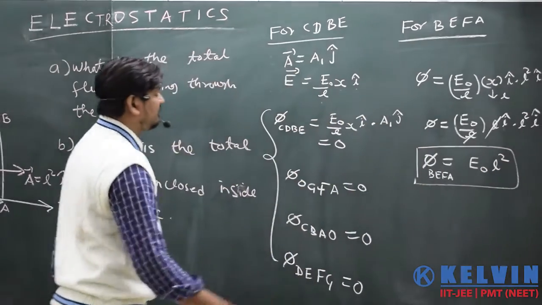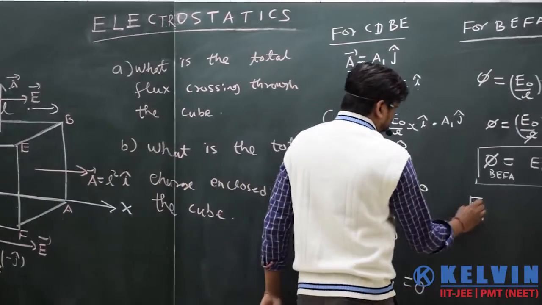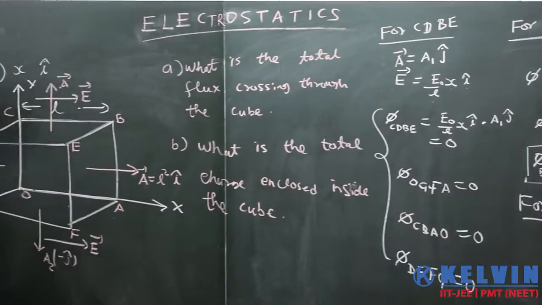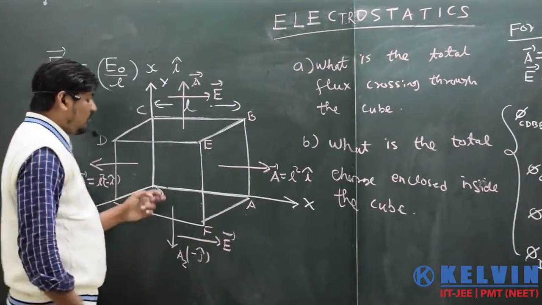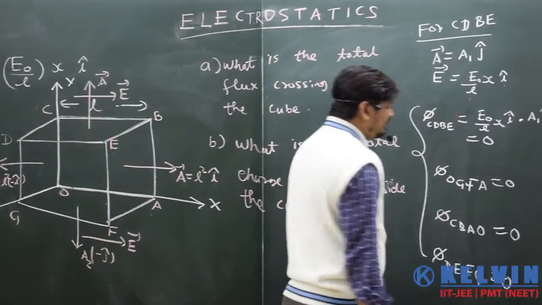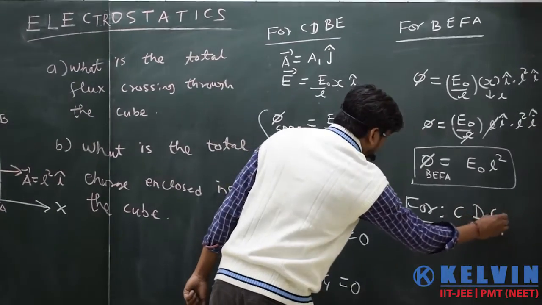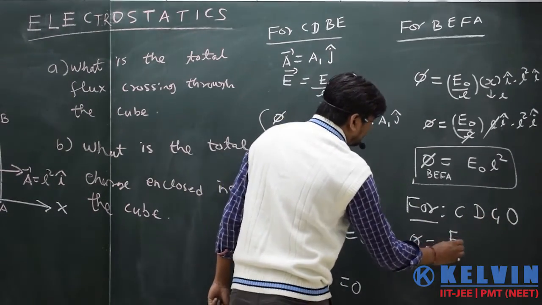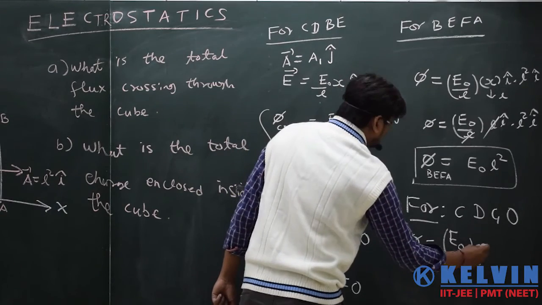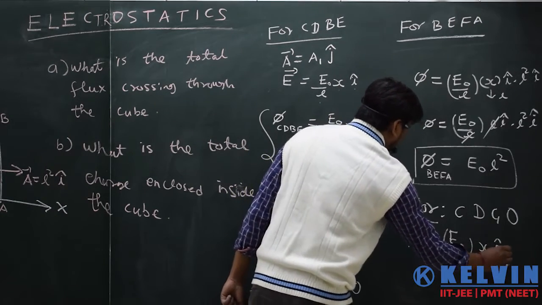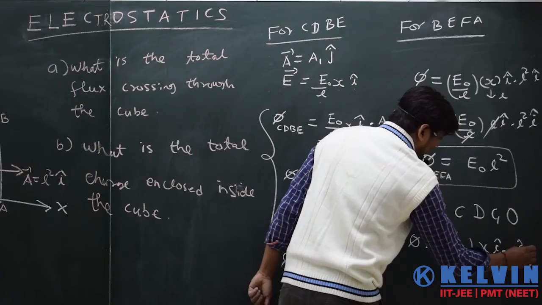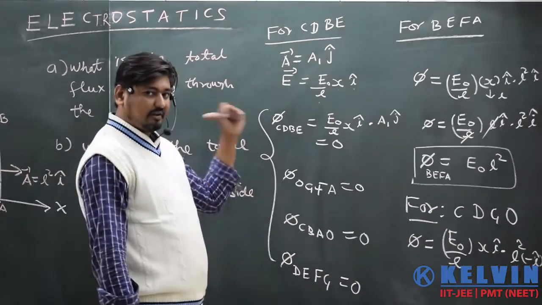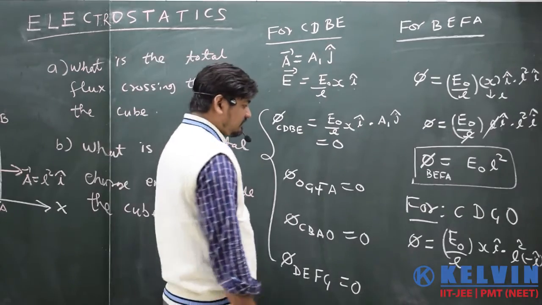Now for the surface CDGO, the phi will be equal to E naught by L x I cap dot L square minus I cap. Right? Minus I cap is because the area vector is pointing in the negative x direction.